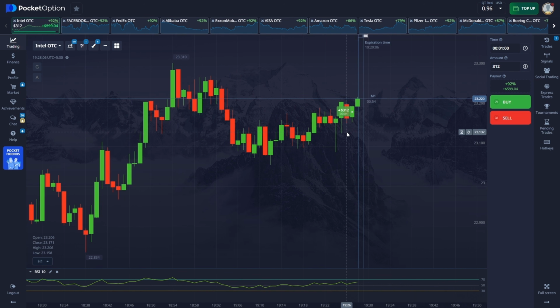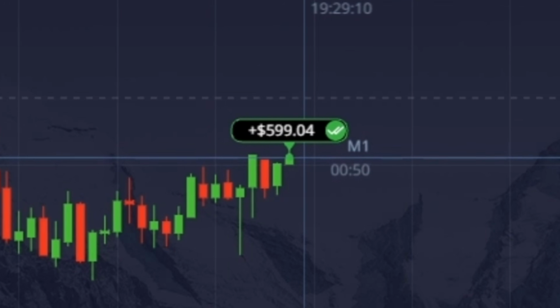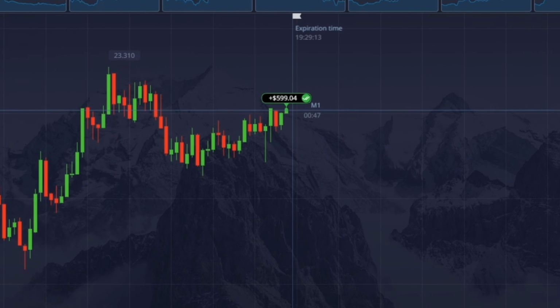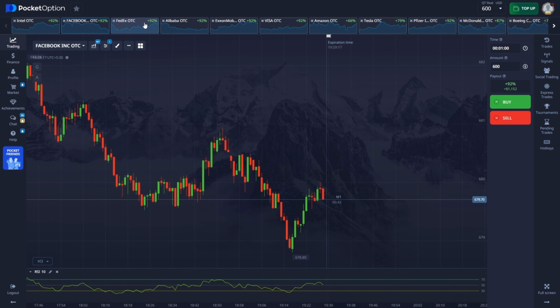The trade was going in our favor, but we still had a few seconds left, and I won it. I won my next trade, so now my balance has turned into $600. Let's find a trade for $600.